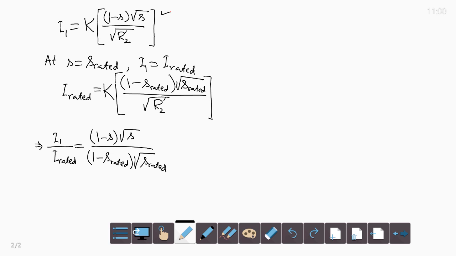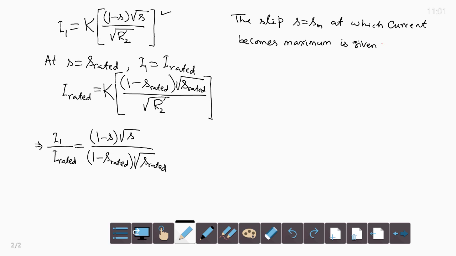The slip s equal to sm, at which current becomes maximum, is given by the solution of dI1 by ds equals 0.